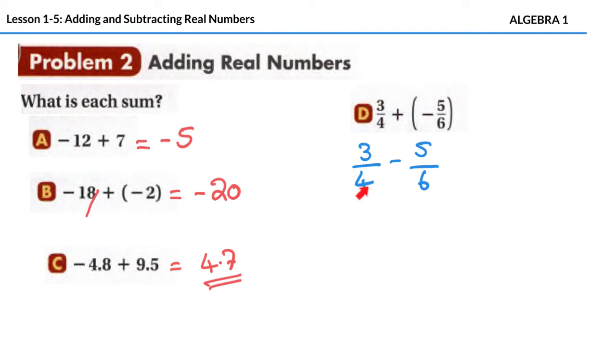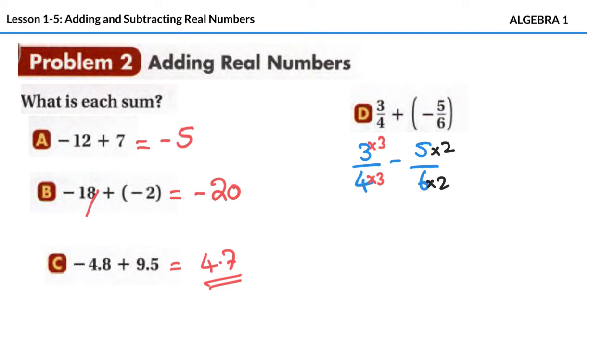If I multiply the 4 with 3, what will it become? 12. I need to multiply even the numerator with the same number. And if I multiply the 6 with 2, it will become 12. I need to multiply the numerator also with 2.